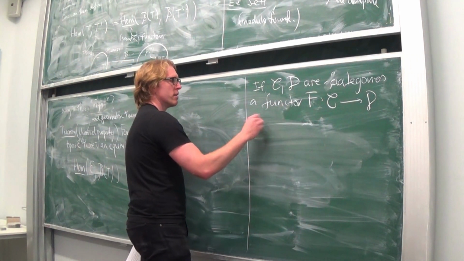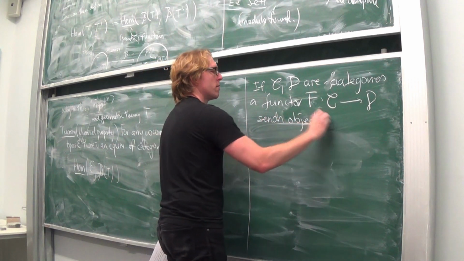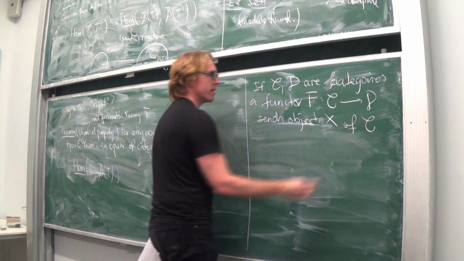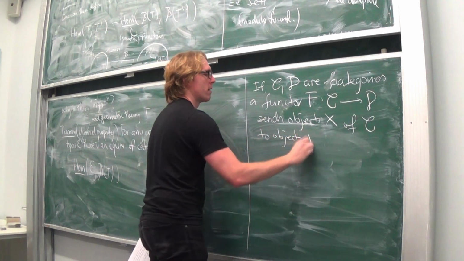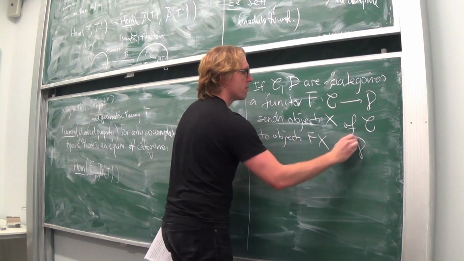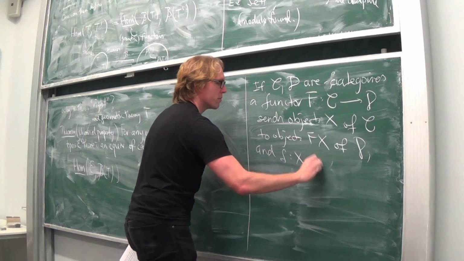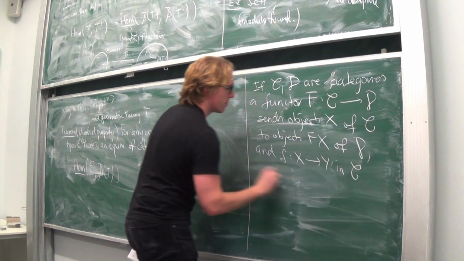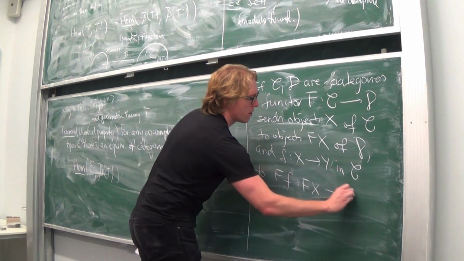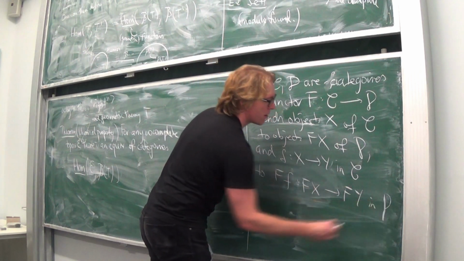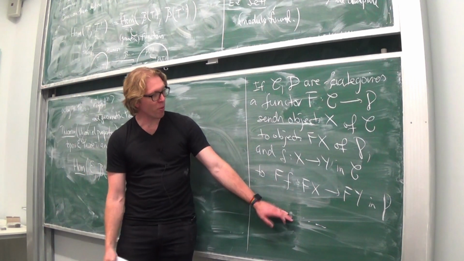So a functor sends objects of C to objects F of x of D, and morphisms in C to morphisms in D, which preserves the operations in a category.